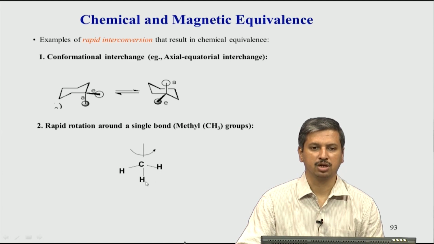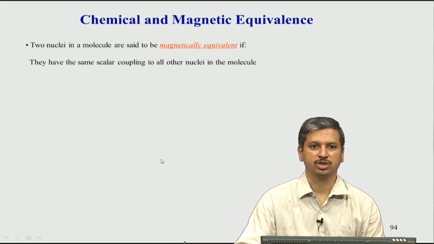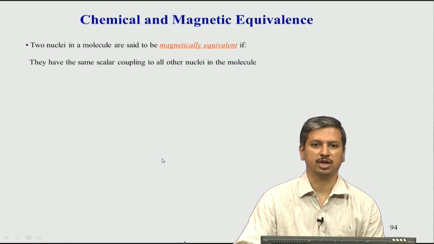So, methyl groups are always chemically equivalent in NMR spectroscopy. It is very difficult to make the methyl hydrogens inequivalent. That is only possible if you freeze the methyl group, but even in a solid state, these methyl groups rotate very rapidly. So, all three hydrogens in a methyl are always interconvertible and equivalent. This is basically the concept of chemical equivalence.